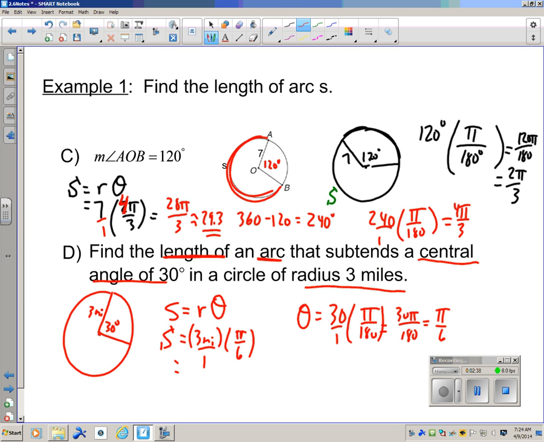Multiplying across, I get 3 pi over 6. Reducing that down, I get pi over 2, which, dividing that out, is about 1.6 miles. Again, it's not drawn to scale, so it's going to look a little different, but there's our value for that.